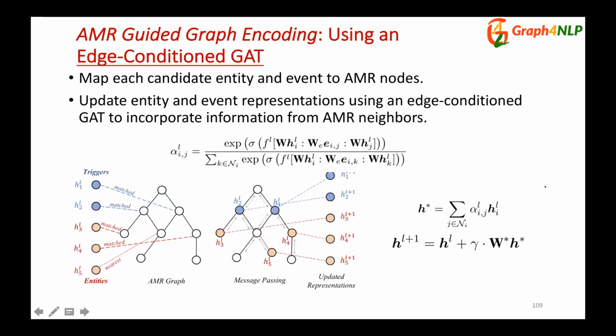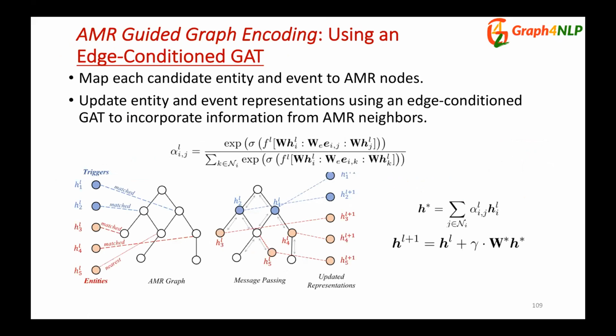The basic framework follows the graph attention network that we have already seen in the previous sessions. Especially the edge conditional graph attention network fits this problem really well, because our input AMR graph is a heterogeneous network. What we are doing here is we first initialize the node embedding with the regular word embedding, and then we update every node representation using the edge conditional GAT.